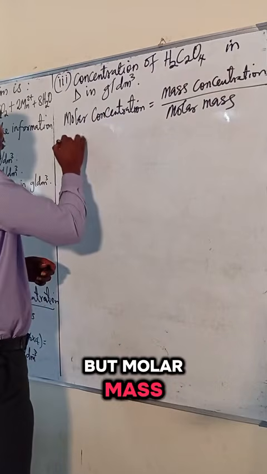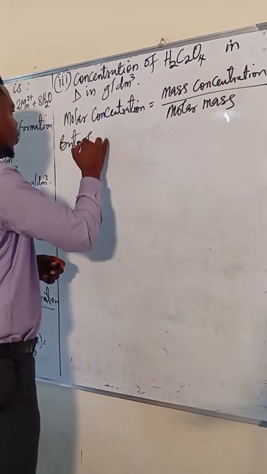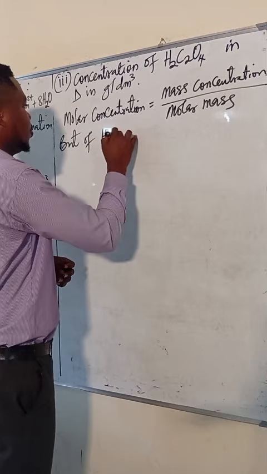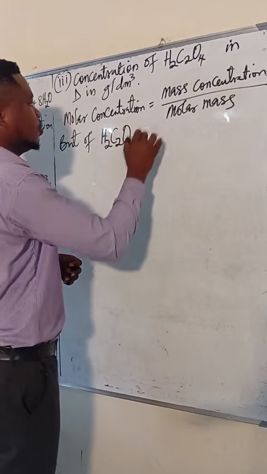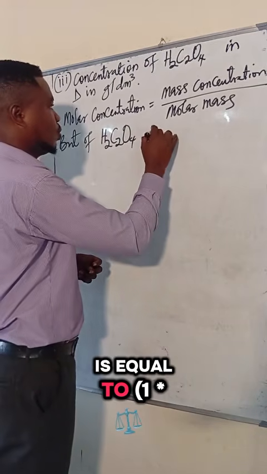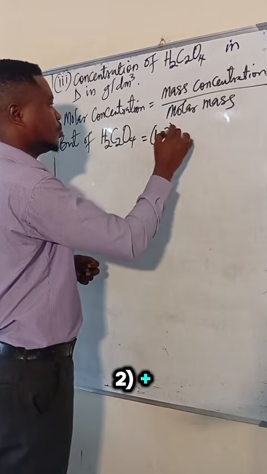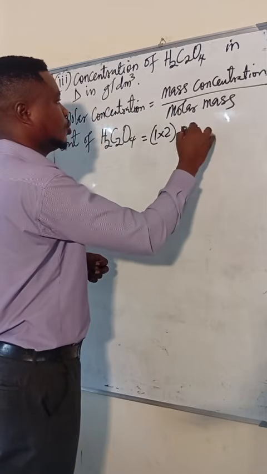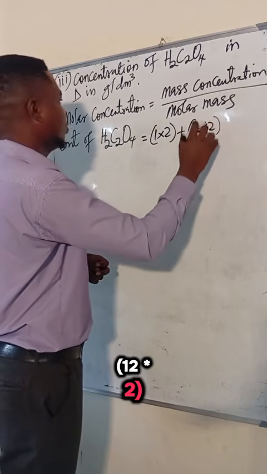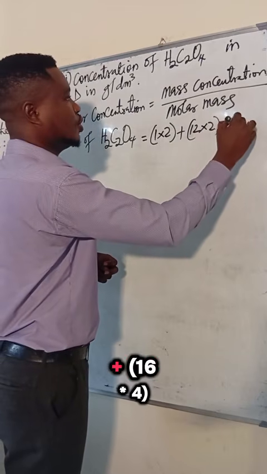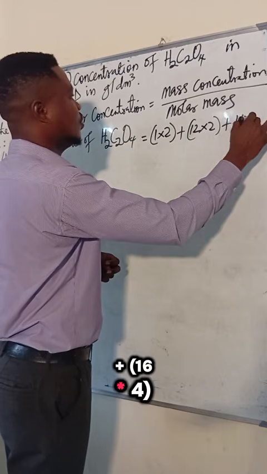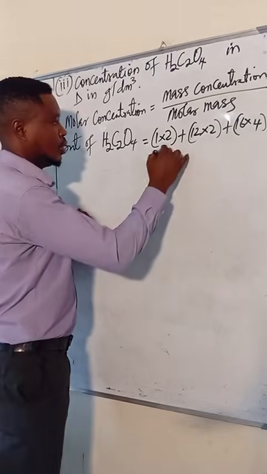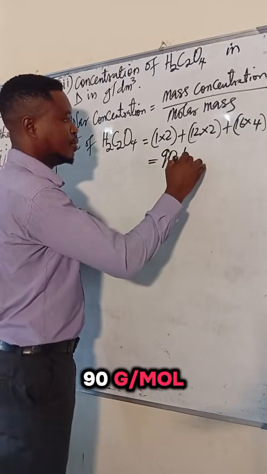But molar mass of oxalic acid is equal to 1 times 2 plus 12 times 2 plus 16 times 4. All this will give us 90 grams per mole.